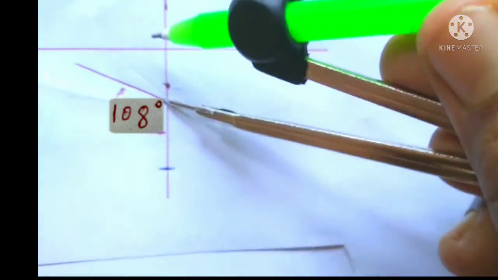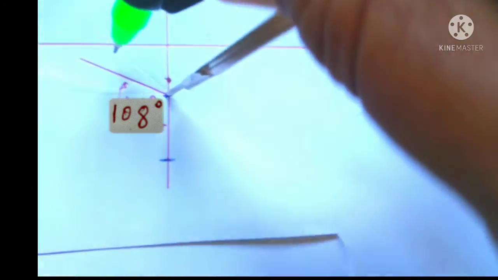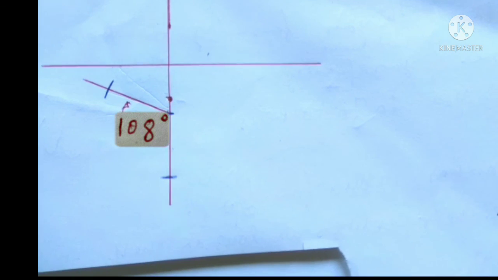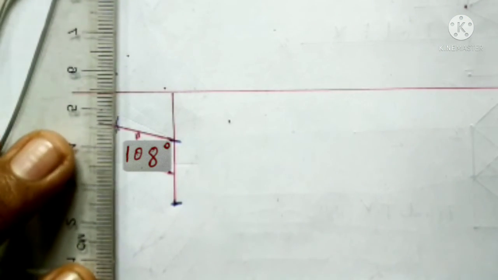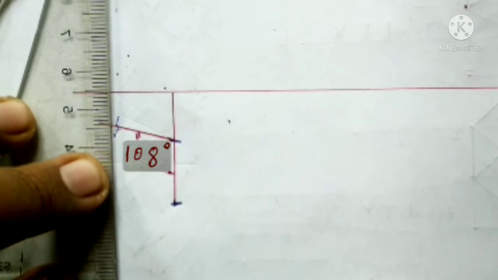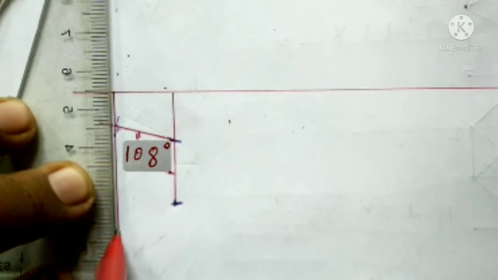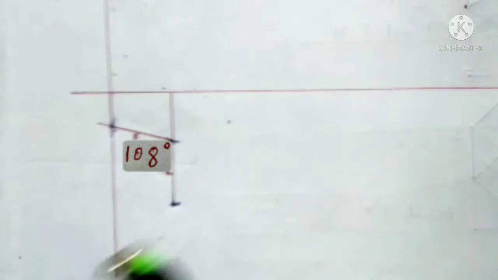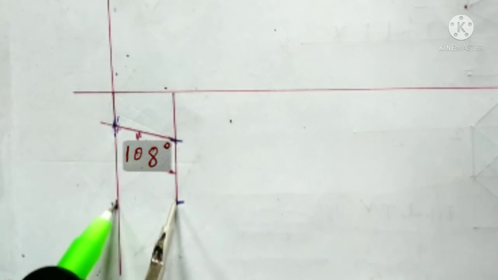Then take the same measurement on this line using the compass. From the end point of this marking, draw another perpendicular projection line. Again, taking the same length, cut on this perpendicular line.